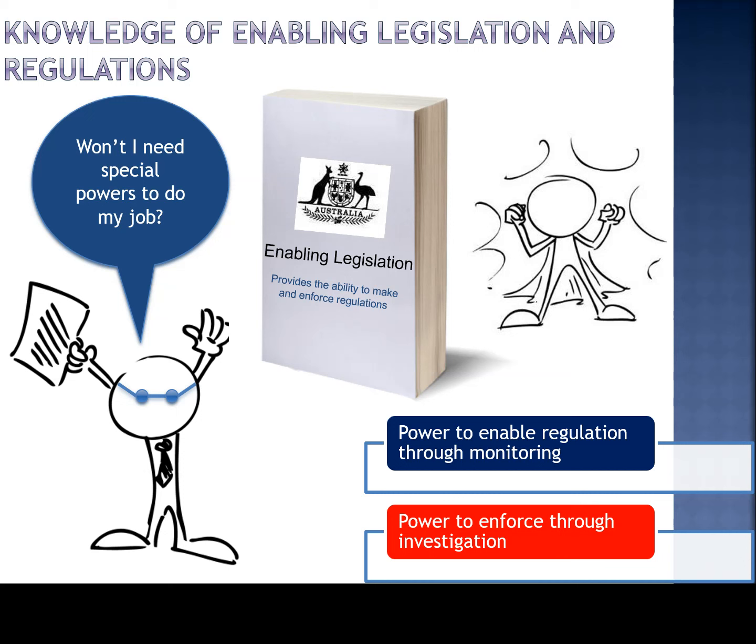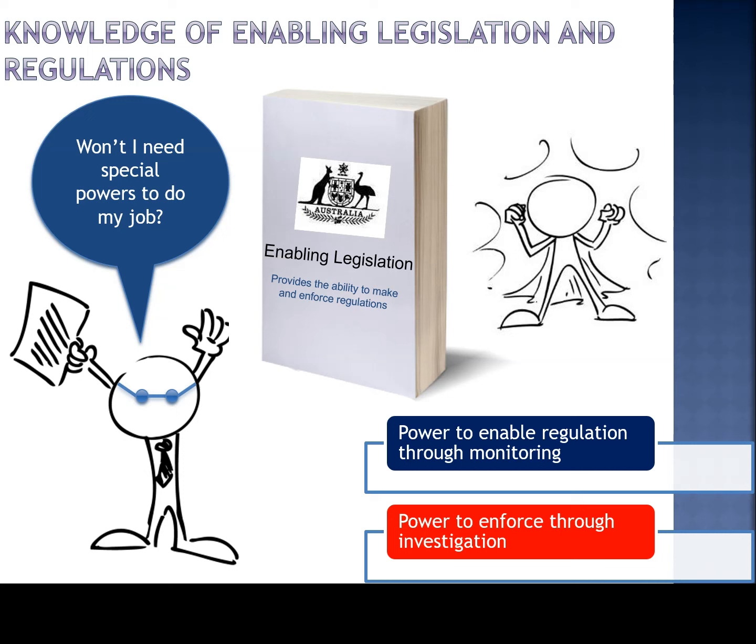So if you're an authorised officer under a piece of enabling legislation, it is vitally important that you understand the scope of powers that you have and also the very particular requirements around using those powers. So the government enacts powers for authorised officers to use to gather the information necessary.